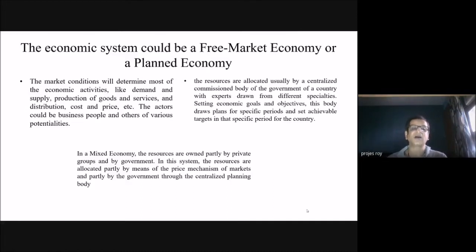Now, in a mixed economy, more often people are saying the PPP, public-private partnership model. Exactly, the PP model means private-public model. It means private people and the government all together will create an airport, a new train, shipping, and different kinds of services, here you can see courier service, mailing services.